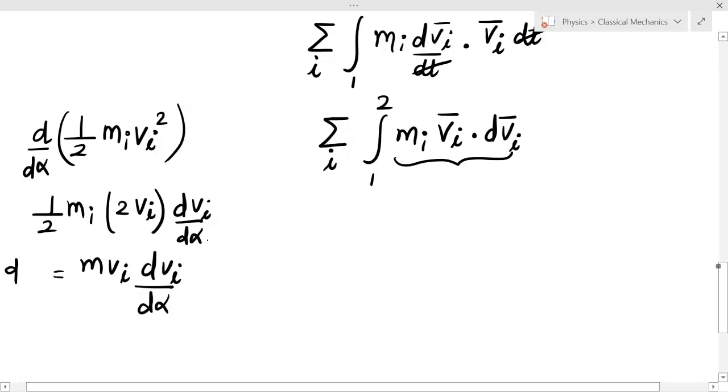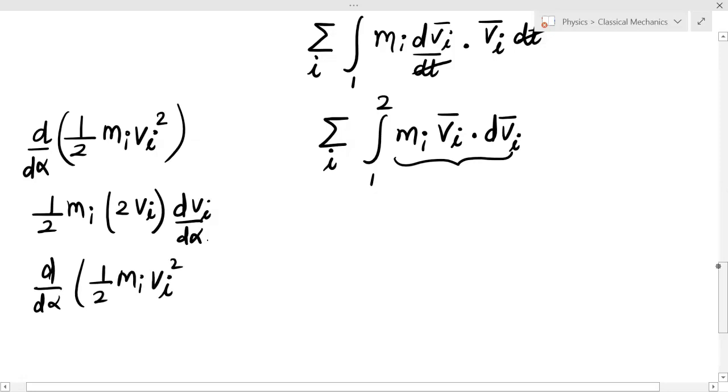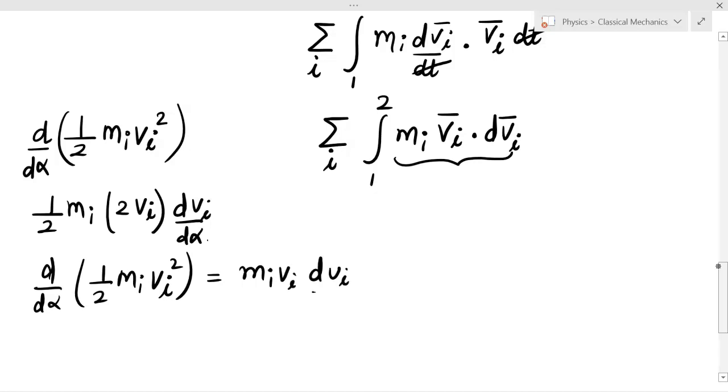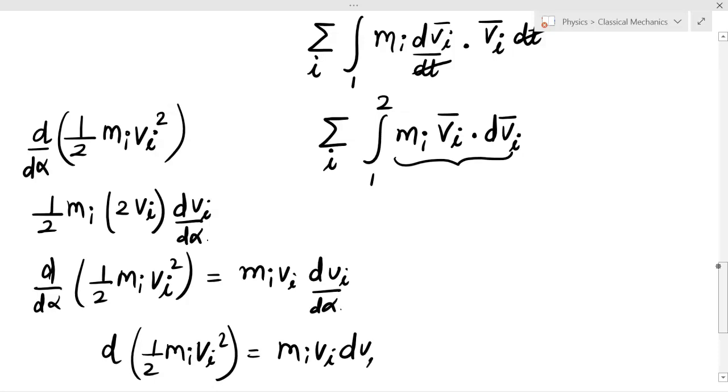So d by d alpha of half mi vi square is equal to mi vi dvi by d alpha. So here d of half mi vi square must be equal to mi vi dvi.